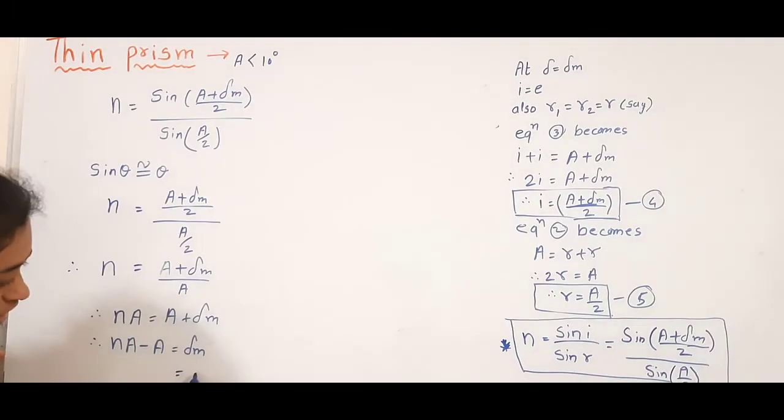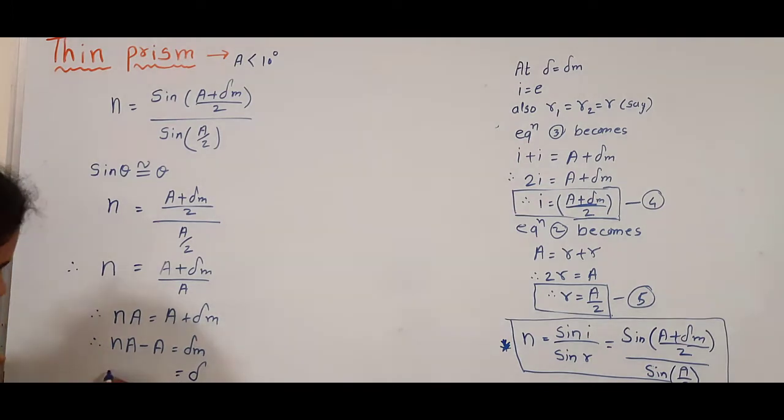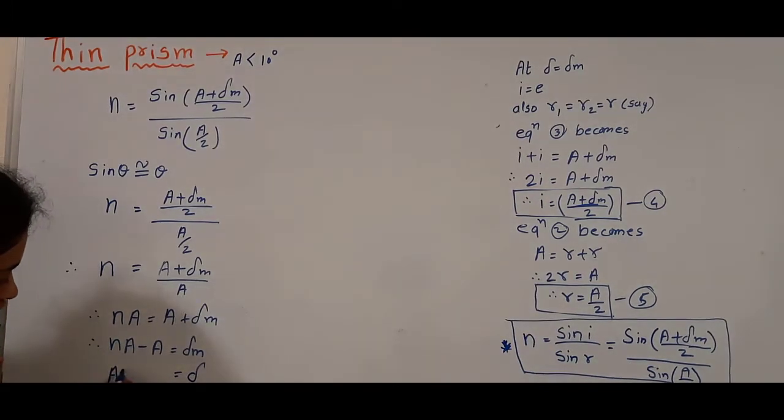As this delta is very small, we can drop this suffix. We will directly write here delta. And taking A common, we will write A into bracket n minus 1.